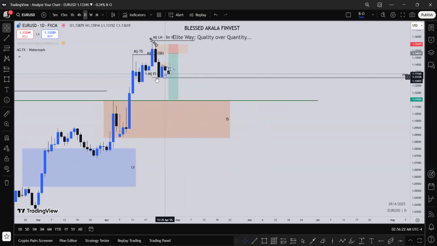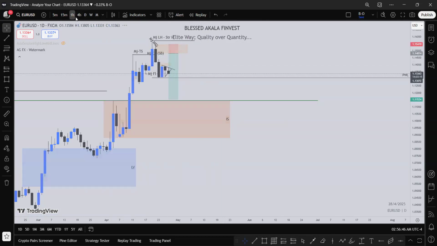But if you're a high risk person and you don't want to wait, on this leg here you can put your stop loss above this high here. You can see the line. Then you can enter the trades coming down with a stop loss above that high.